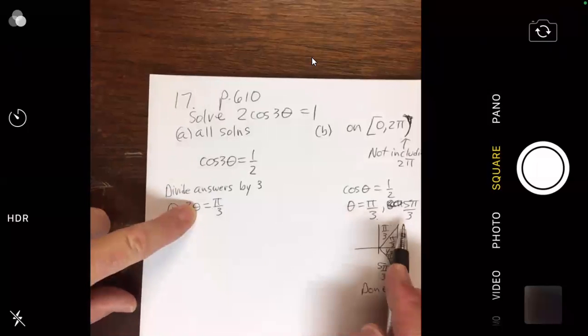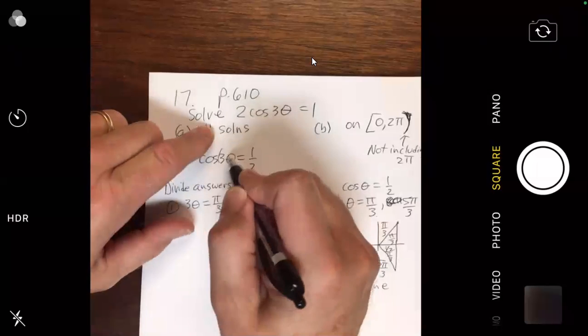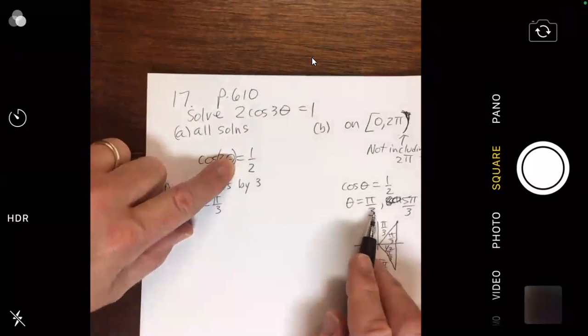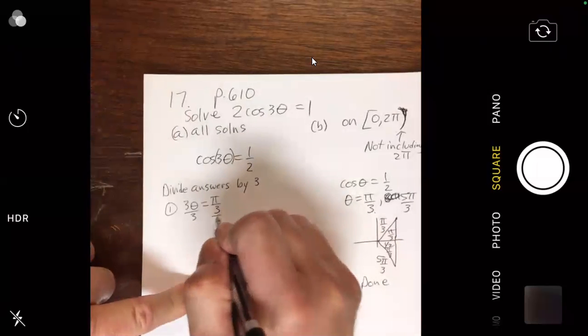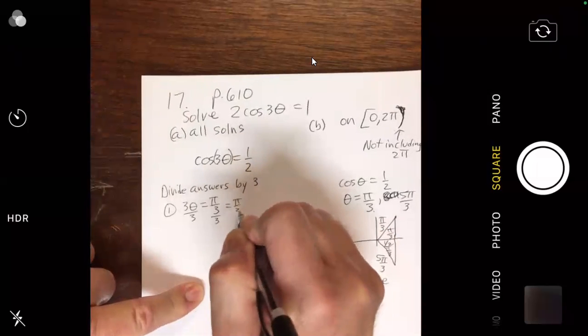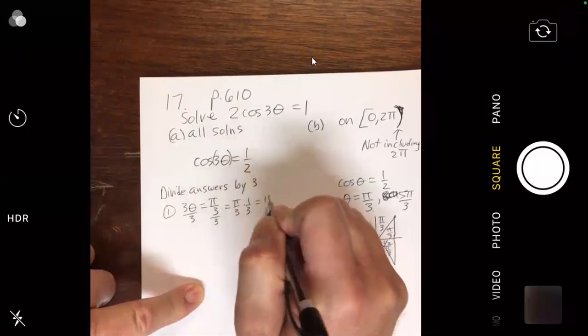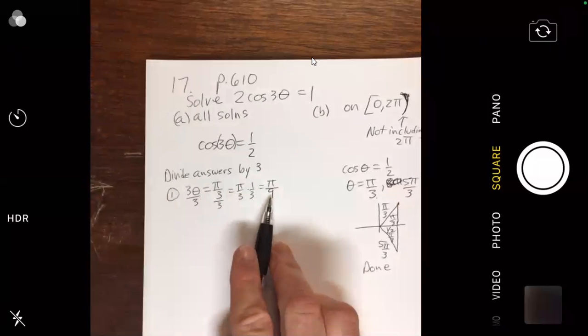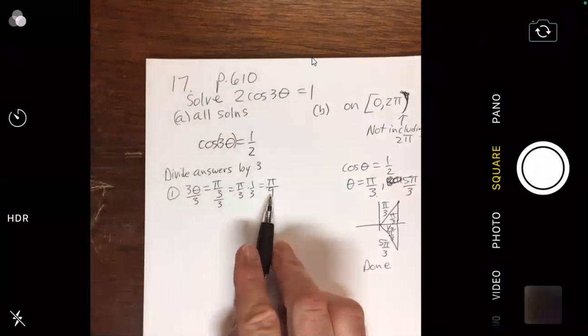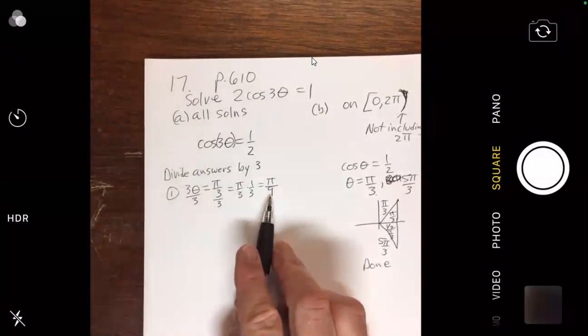So it's at the same spot. This blob has got to equal pi over 3. But now I divide by 3. You get pi over 3 times 1/3, which is pi over 9. Your angle is a third as big. It's got this factor of a third in it, which divides it down.